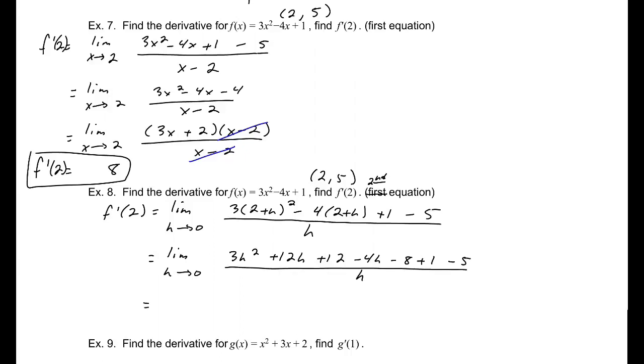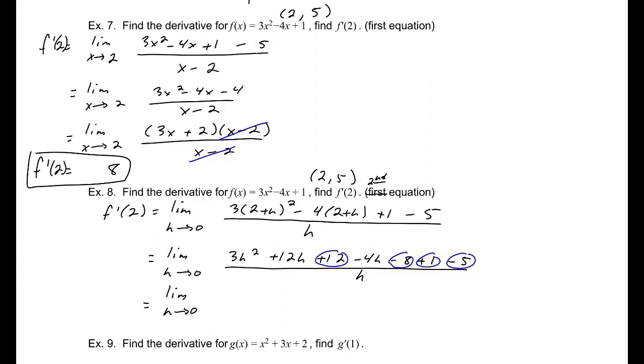If you notice, some terms cancel out. We cancel out 12 minus 8 plus 1 minus 5. So that would be 4, 5, that is 0. All that cancels out. So we are left with a bunch of h terms.